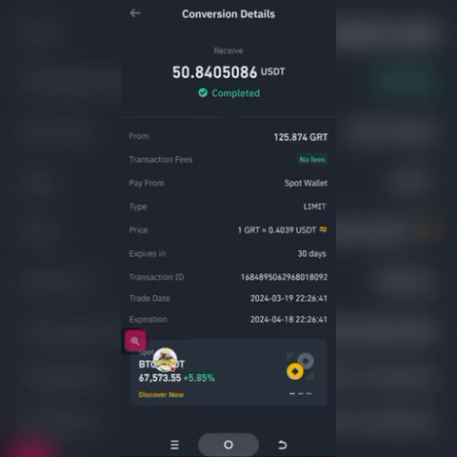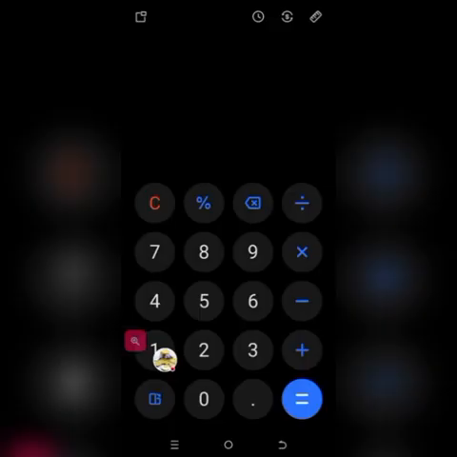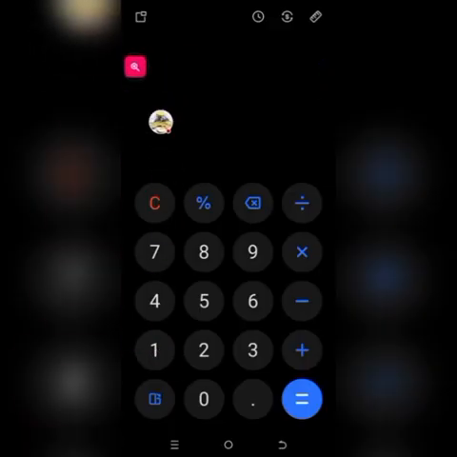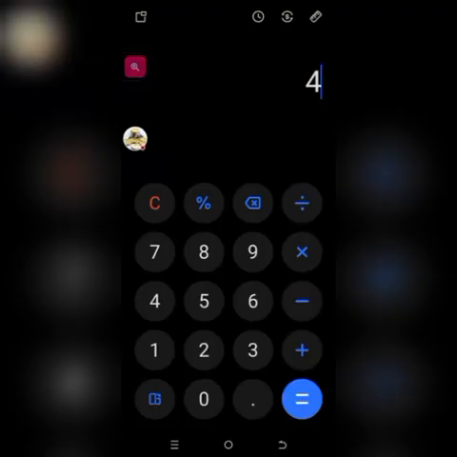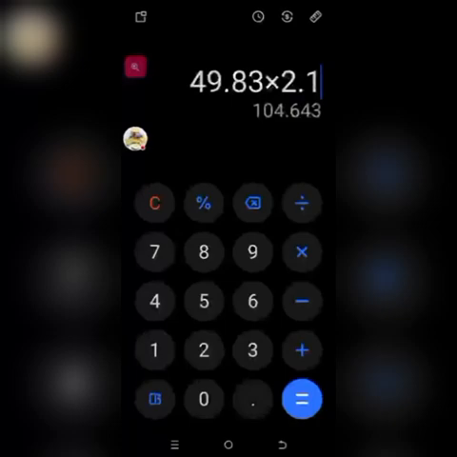So it's about $1.01. Let's quickly check what the calculations are. That's $1.01 really. We don't need to give ourselves too much stress. So that would be $49.83 times, is it 2%?